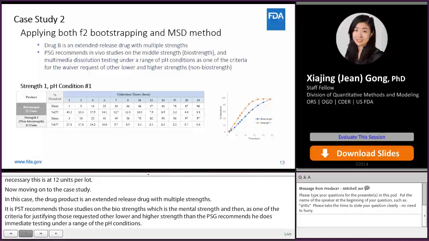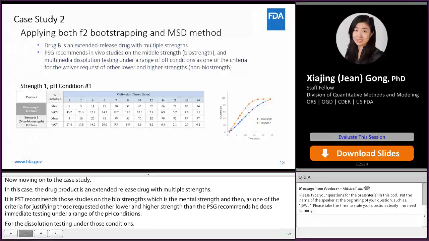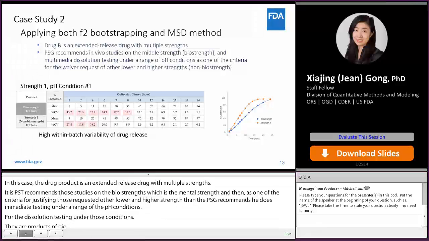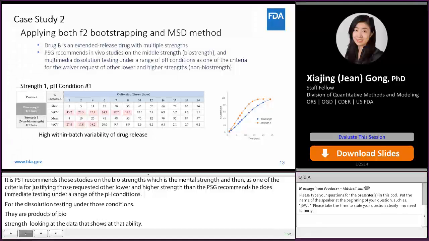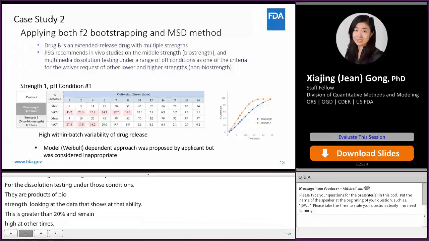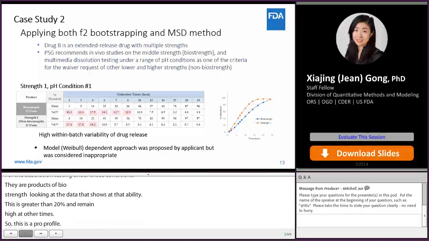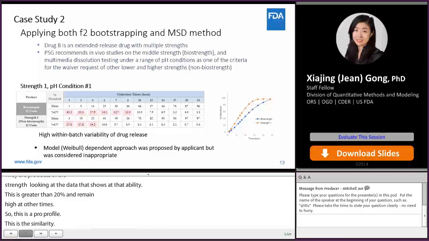Looking at the data that shows the within batch variability, the percent CV is greater than 20% at early time points and remains high at other time points. When we eyeball the mean dissolution profile, the apparent difference somehow implies dissimilarity. For this application, the model-dependent approach, specifically the Weibull modeling approach, was proposed by the applicant, but was considered inappropriate.